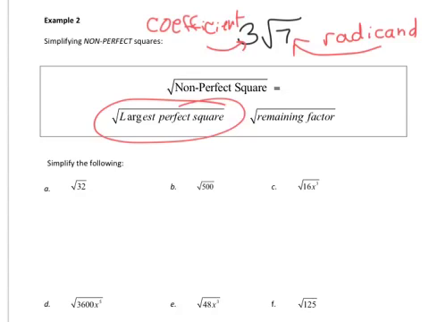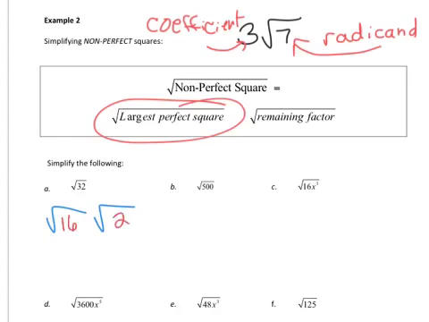So let's take a look at a couple of examples here. Radical 32 is our first example. It's not a perfect square, so I'm going to immediately write down two radical signs. And now I have to think, what is the largest factor of 32 that is a perfect square? Think about your perfect squares. 4 is a factor, but it's not the largest. The largest is 16. And we know that 16 times 2 is 32.